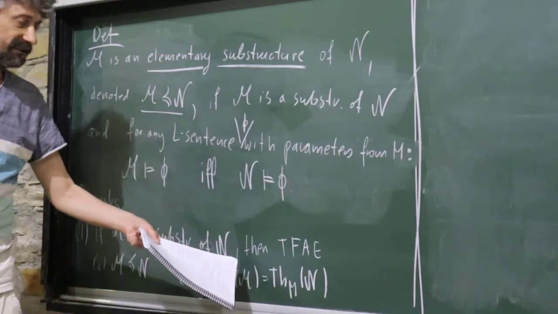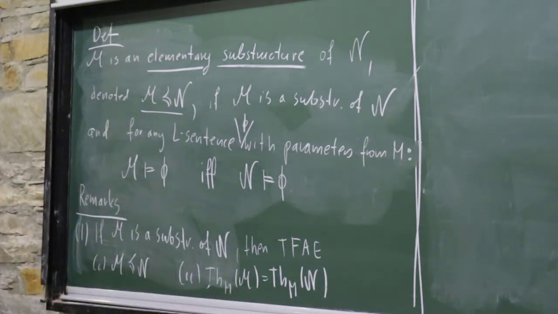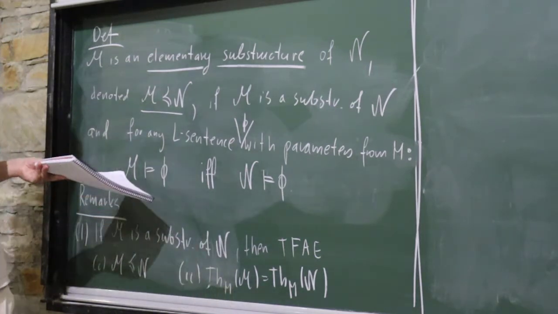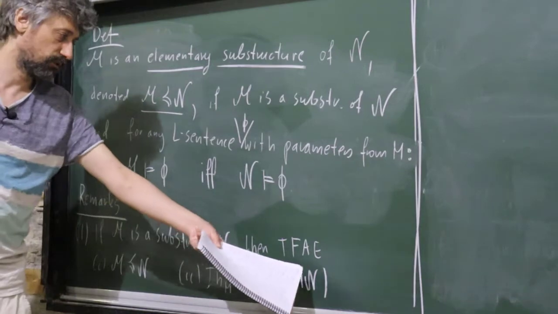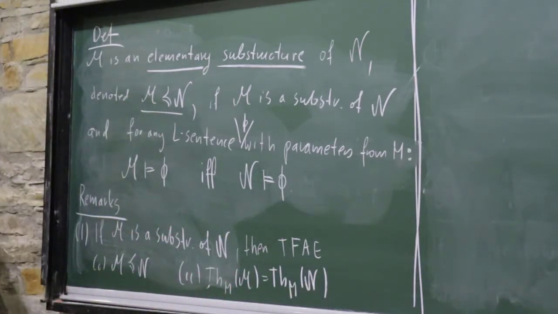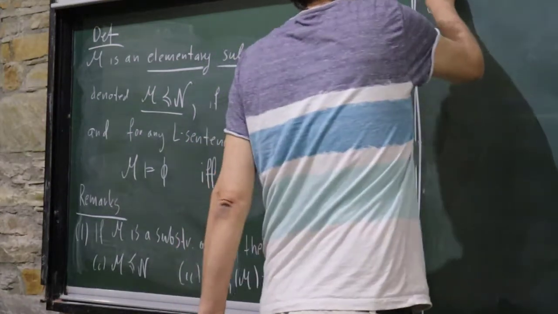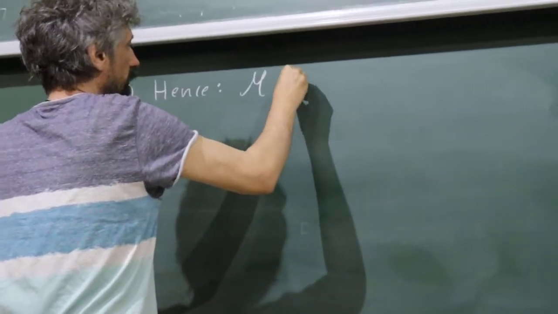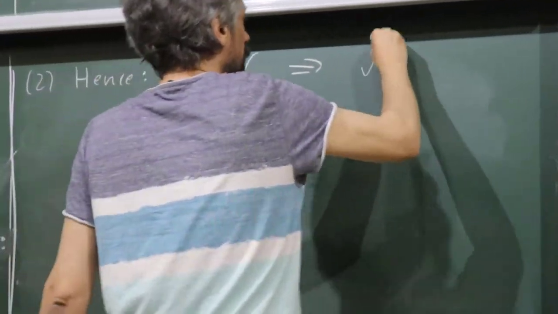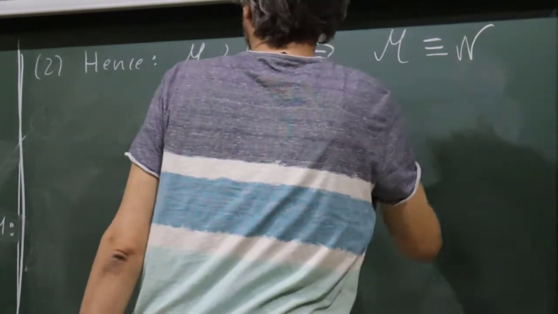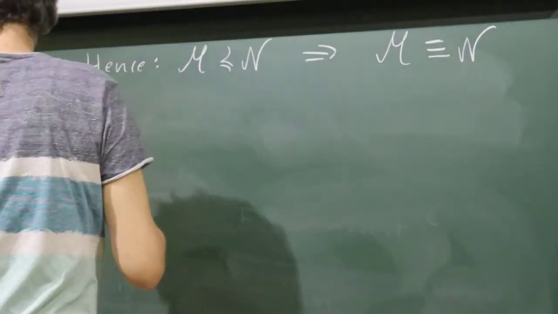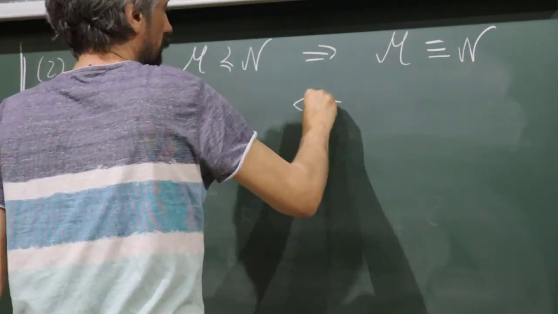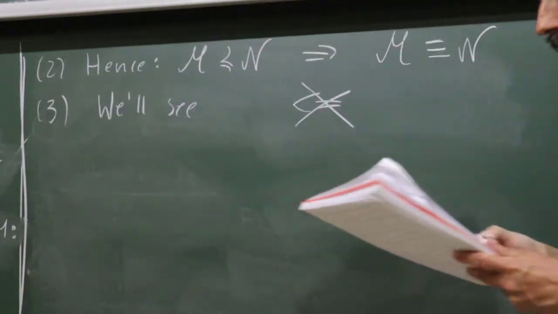Yes, not just sentences in the original language, but we are allowed to put parameters from this smaller structure M, which are of course naturally interpreted here. So it is something more. So it implies, but we will see that it's not the same.